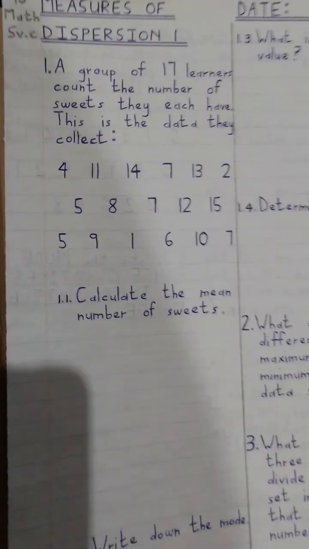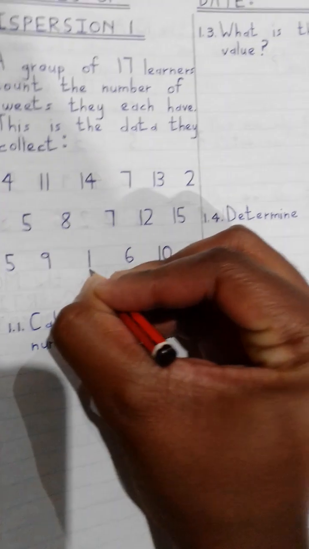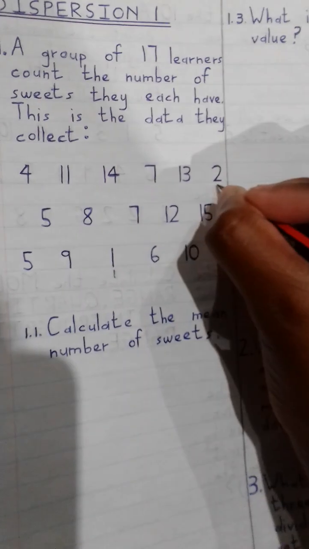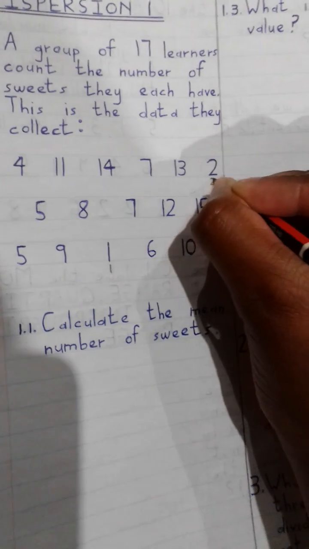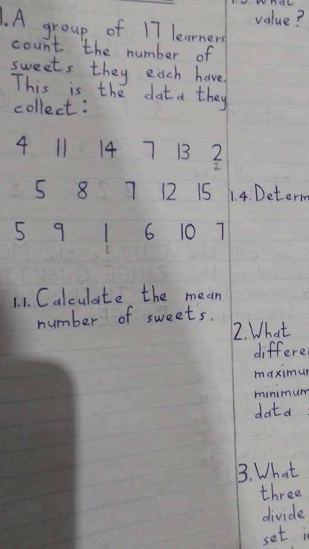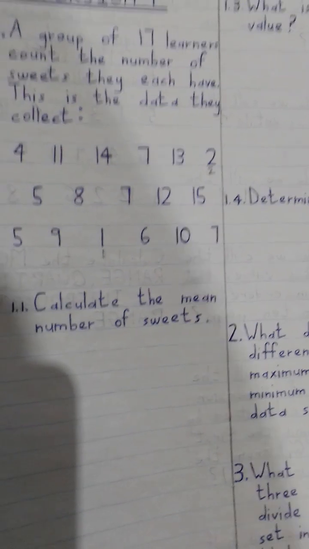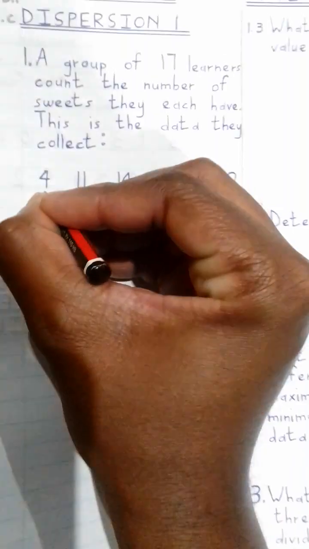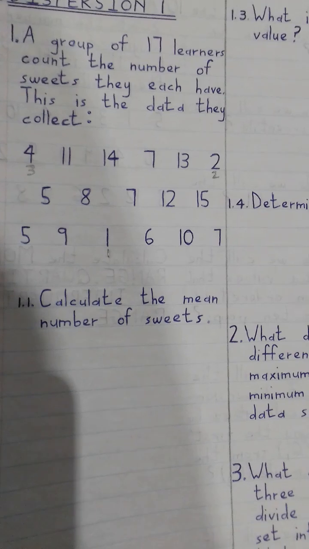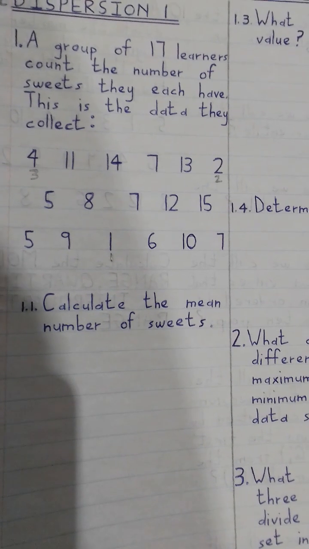So lowest to highest. So number 1 is the first one. We don't have another one. So number 2 is the second data set. Do we have another number 2? We don't. Number 4 is the third. Do we have another 4? No, we don't. Number 5, there are 2 of them.